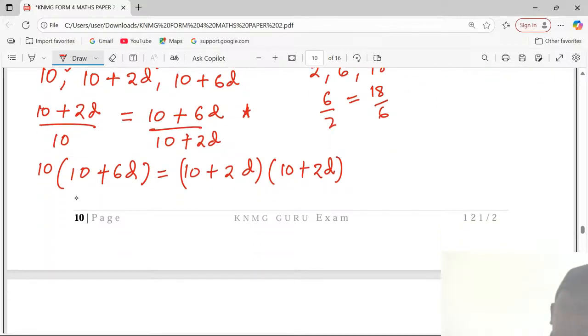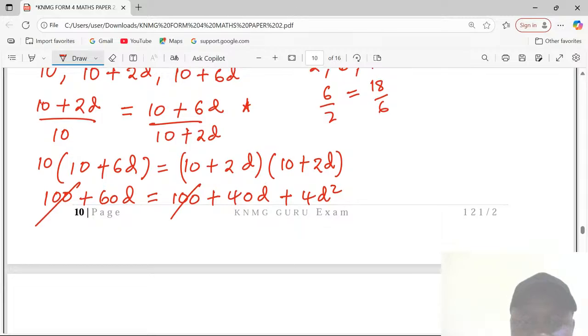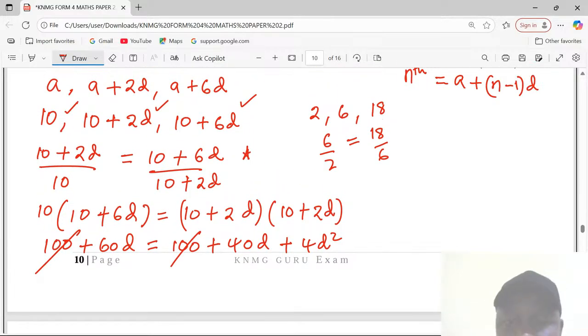So this shall be 100 plus 6d equals to 100 plus 40d plus 4d squared. I hope that is properly organized. We can group terms 100 and 100. That one cancels. Then we remain with, look at this, I want you to observe this one keenly.